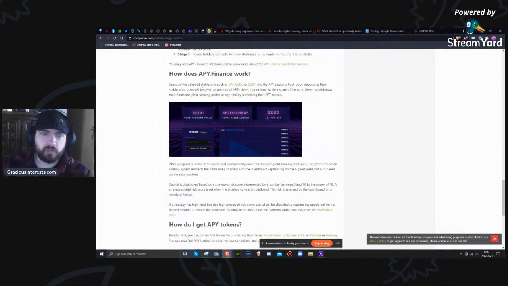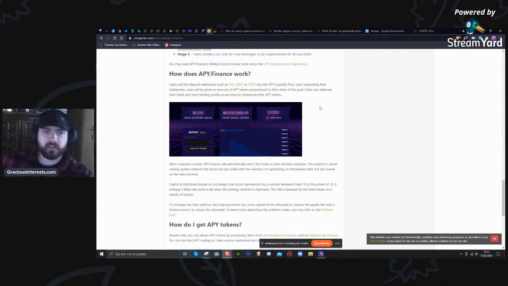So how does it work? You deposit stable coins such as DAI, USDC, or USDT into the API liquidity pool. Your stable coins will give you a share of the pool, and you can withdraw your funds and yield farming profits at any time. So yeah, the yield farming is going to be limited to 3 stable coins here, mainly DAI, USD Coin, and USD Tether, so the Tether coin.